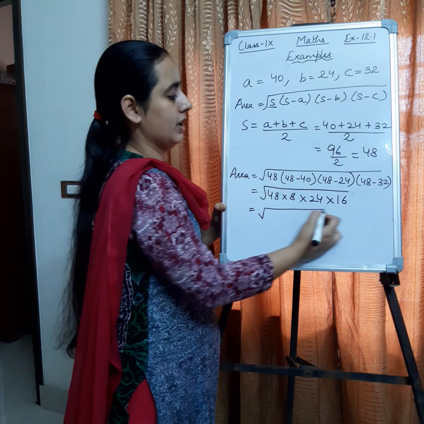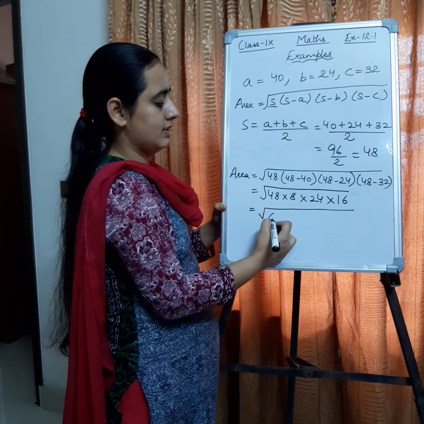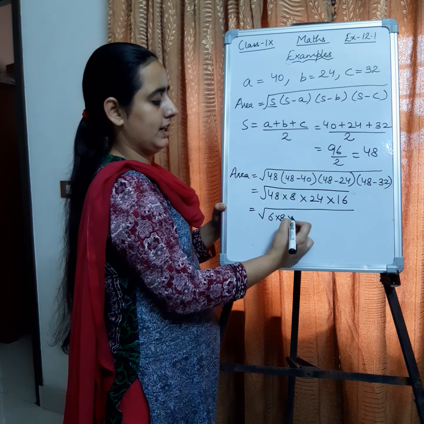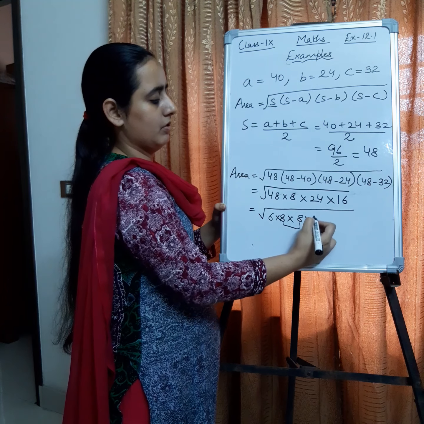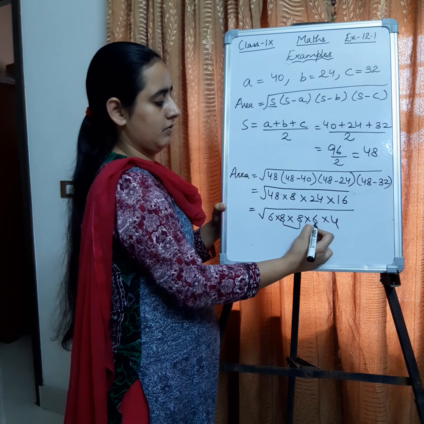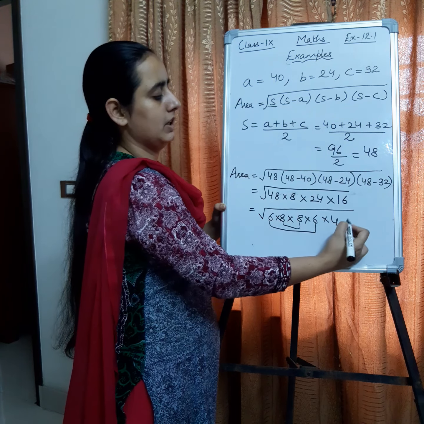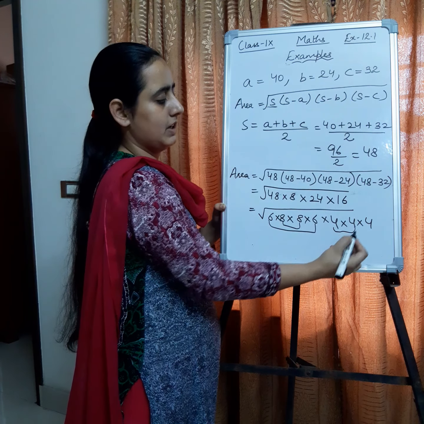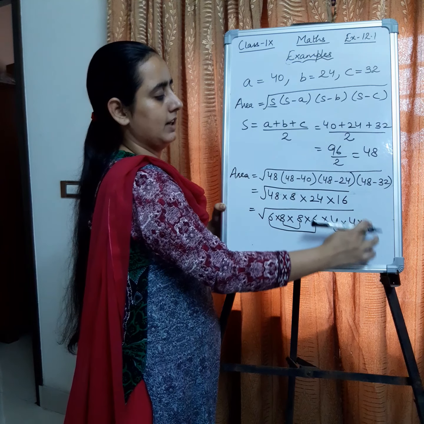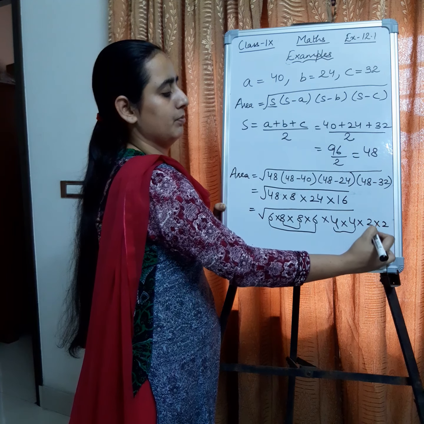Like 48, I can write 6 into 8. Let this 8 be here only because we have its pair. Then 24 is 6 into 4, and we have the pair of 6 also. Then 16 is 4 into 4. As we have the pair of 4, we can write this 4 as 2 into 2.